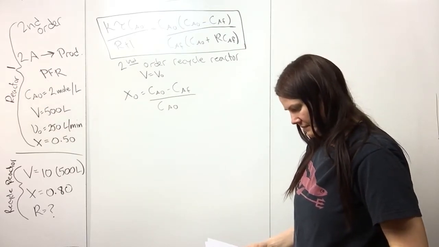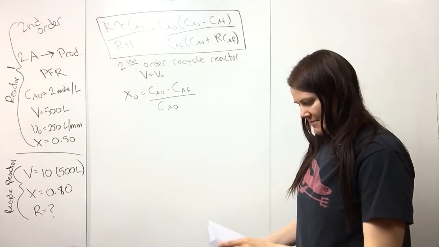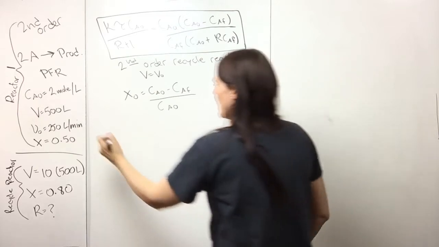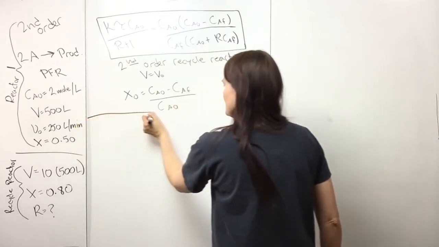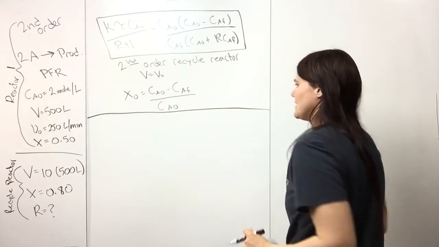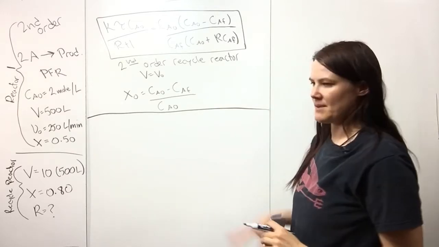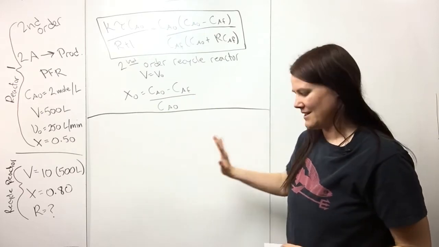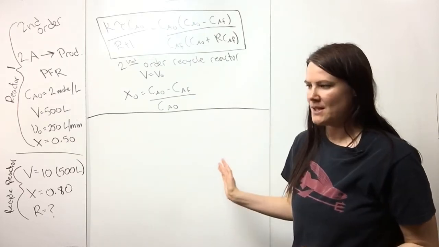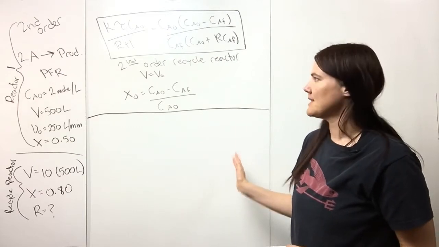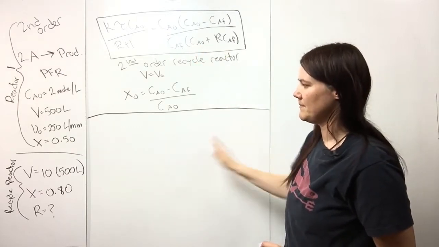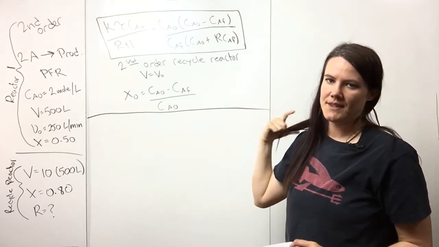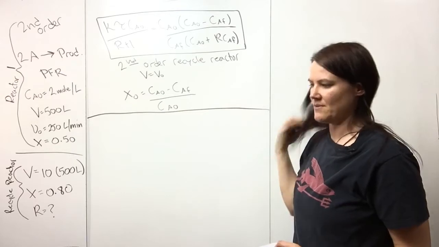I'm just going to go through this. The reason why I wanted to point that out is because on the exam, some of the stuff I'm going to go through for this problem, you don't want to be going through and deriving on the exam. But I think it's important to see where this equation came from and how to do it, especially with a recycle reactor, because you can work with your equations in a few different ways.